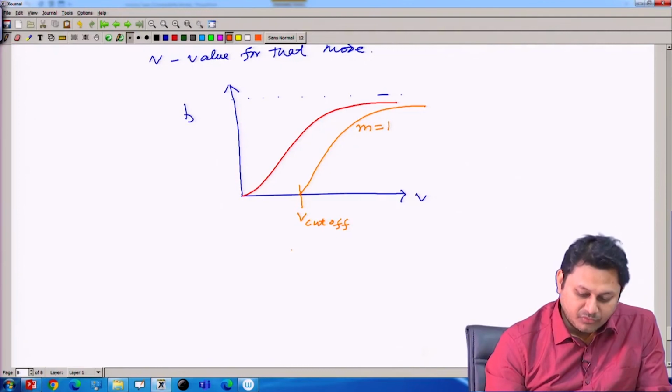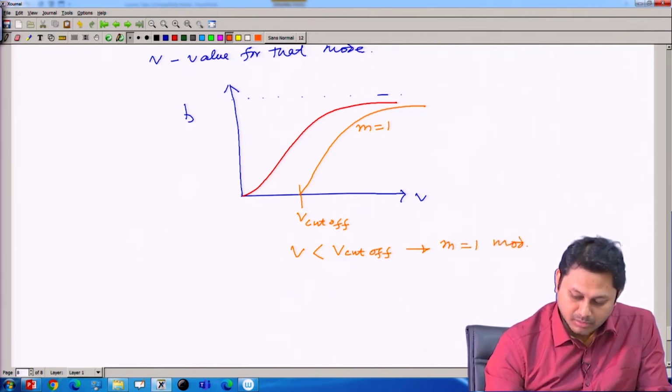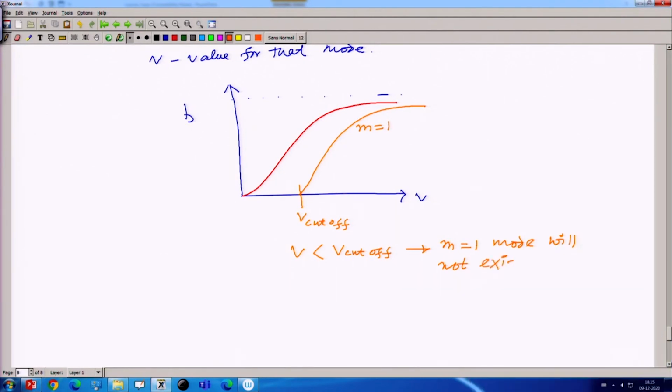If I have a value V less than V cutoff, that means the m equal to 1 mode will not exist. So, if the value of V is less than V cutoff according to this figure, the m equal to 1 mode will not exist at all.